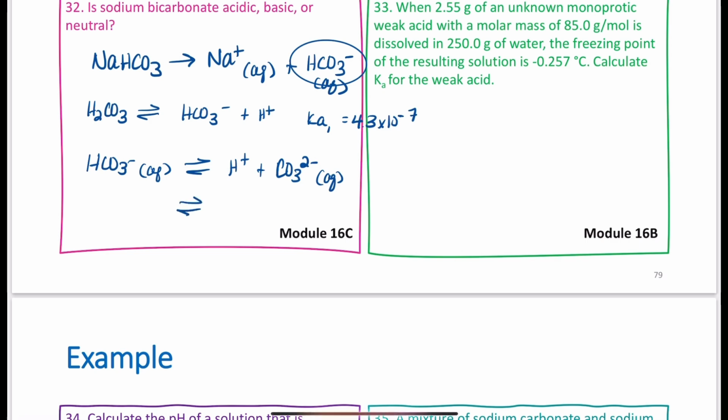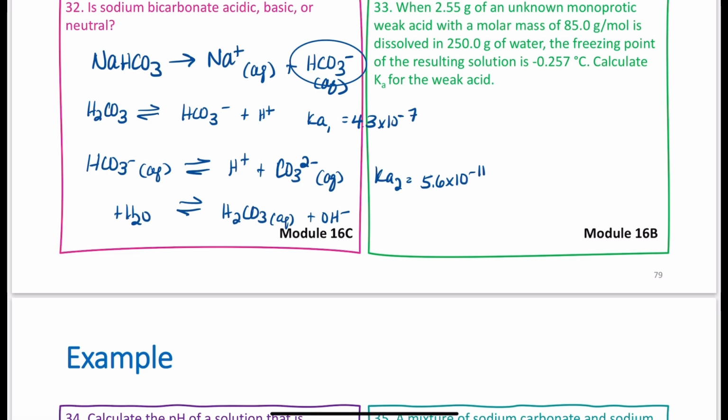I can do that, or I can say plus water, and it can reform carbonic acid. The Ka here is 5.6 × 10⁻¹¹. That is very, very small.